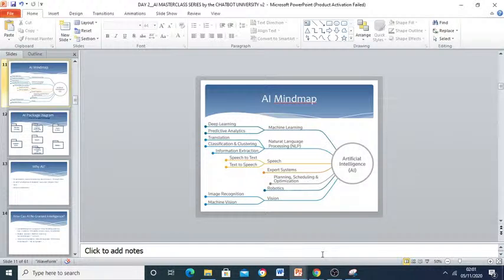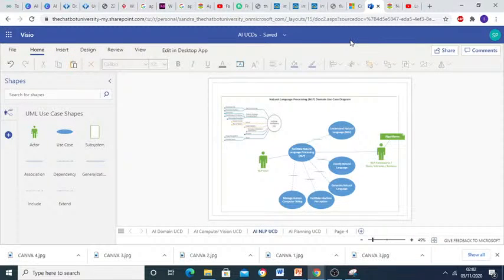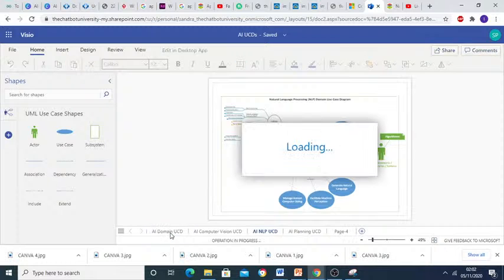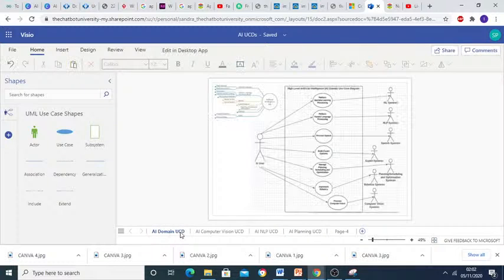So this is the mind map. What we're going to do today is we're going to start with the robotics. So let's go to the diagram. This is called Visio. And you can see that there are some tabs at the bottom here. The first one that I have done with you has been the AI use case domain.